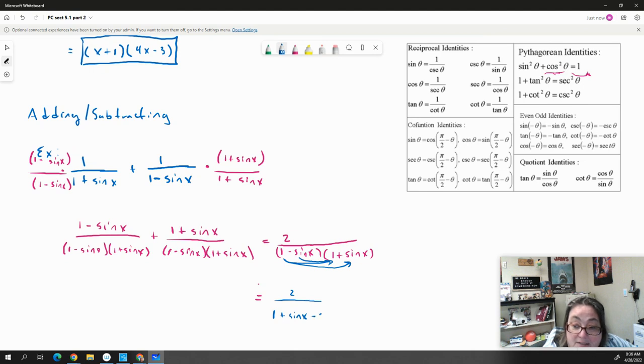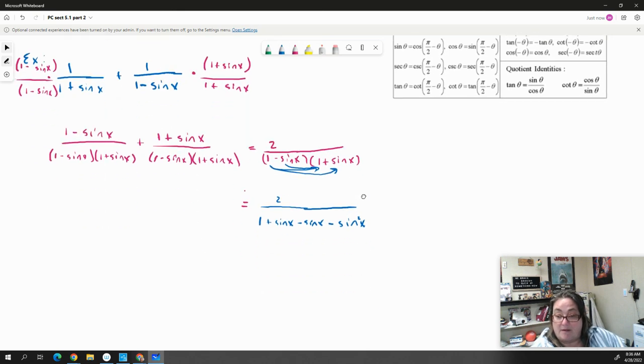Well, that's minus sine of x. Look, those are going to cancel. Then I'm going to go minus sine x times sine x, which gives me minus sine squared of x. These are going to cancel, right? Sine x minus sine x just cancels. So now I have 2 over 1 minus sine squared of x.